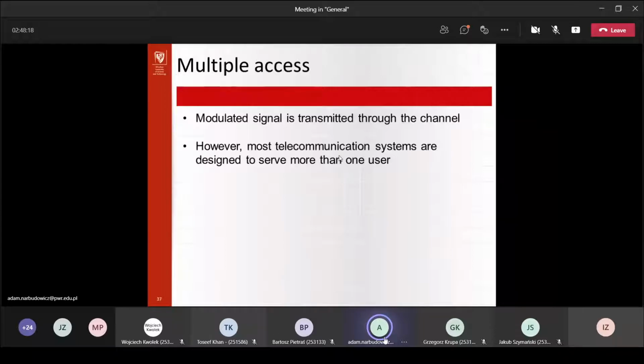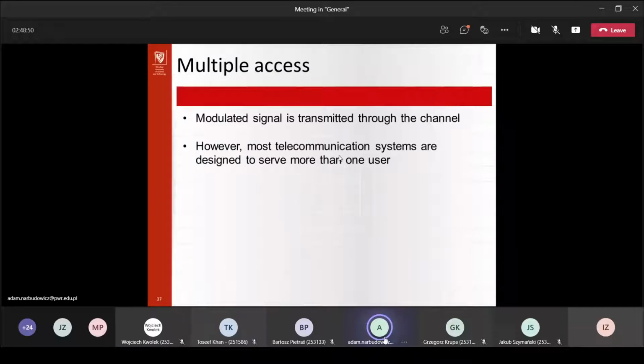I mean, obviously there is no point in building a base station network and mobile communication just for one user. So that means that different users, different devices need to share the same resources. By resources, we mean either the same frequency or the same time.